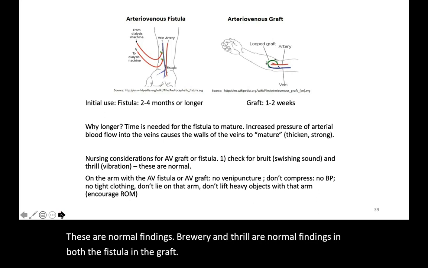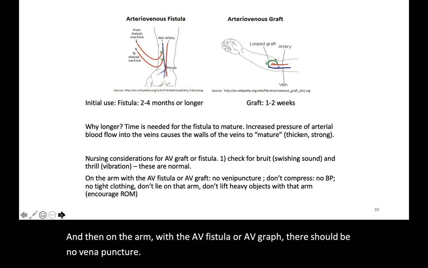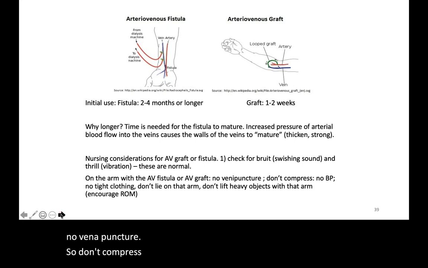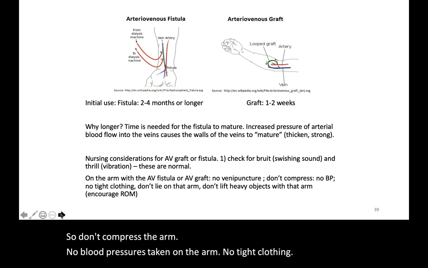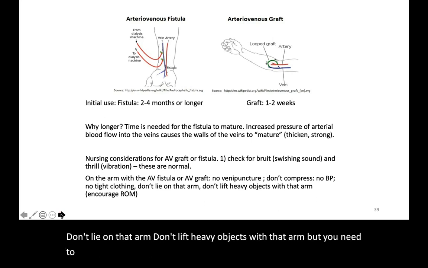And on the arm with the AV fistula or AV graft, there should be no venipuncture. So don't compress the arm. No blood pressure is taken on the arm. No tight clothing. Don't lie on that arm. Don't lift heavy objects with that arm. But you need to encourage range of motion.